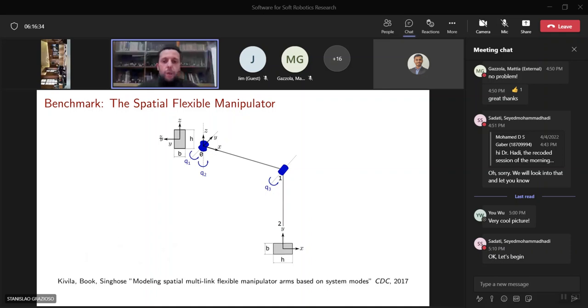After that, for a benchmark on an articulated system, we used a special flexible manipulator which was present at Georgia Tech, from the work by Arthur Kivila. This is a simple flexible manipulator with 2 links and 3 joints.